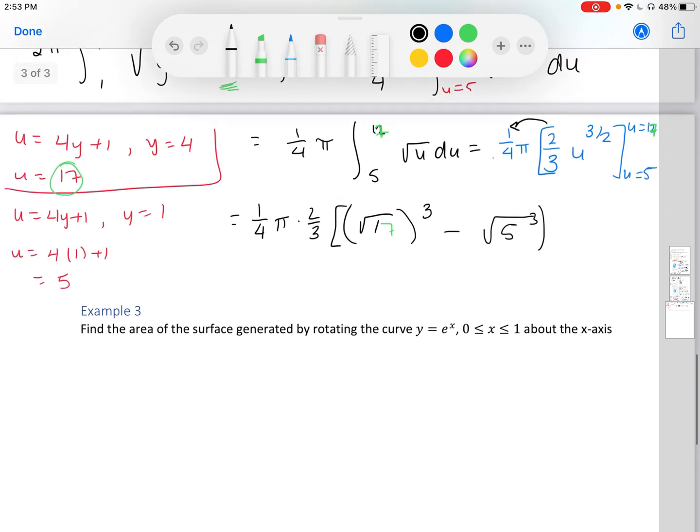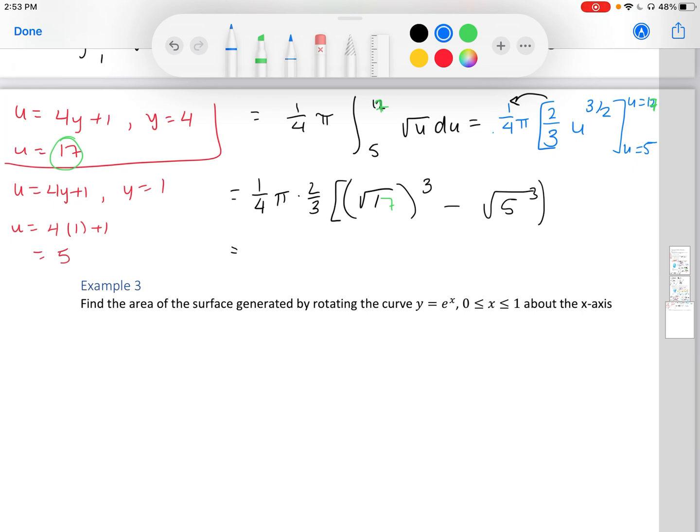All right, so this gives us 2 over 12, which is 1 over 6 pi. And we're left with 17 square root of 17. There's 3 copies of 5, 2 can move forward, so we have 5 square root of 5. And that's our answer.